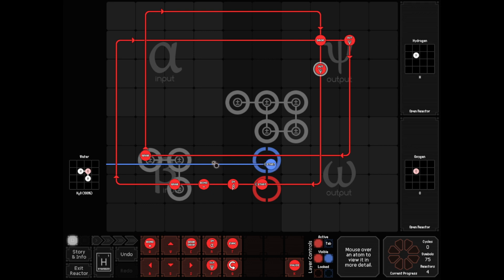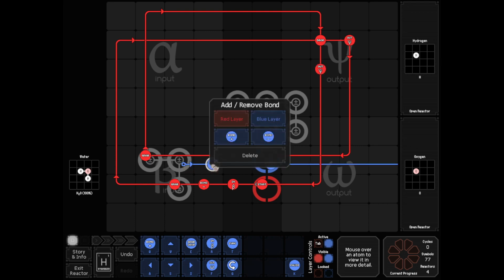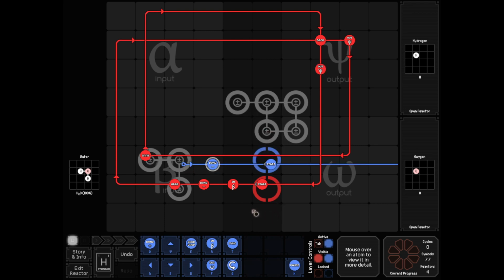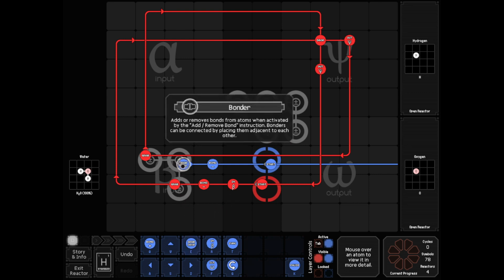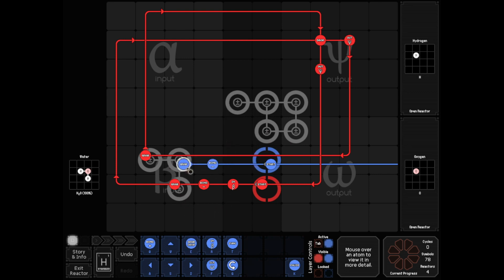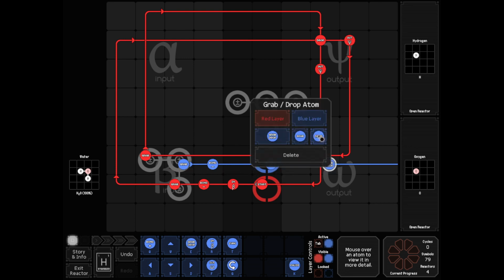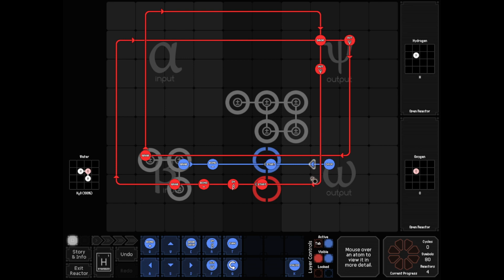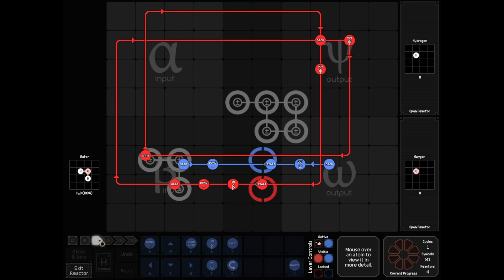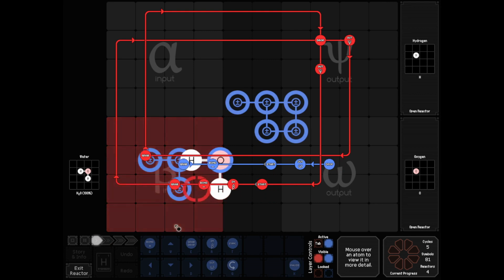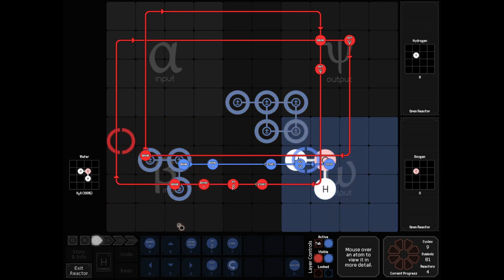Just to make sure that this is working, I'm going to do kind of a redundant debond here. Grab the oxygen. Drop the oxygen. Output. I think that just works. Unless I missed something, let's test this. Yes, I did miss something.